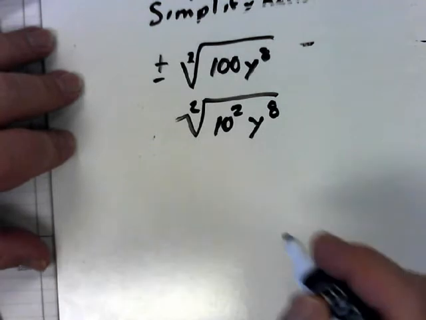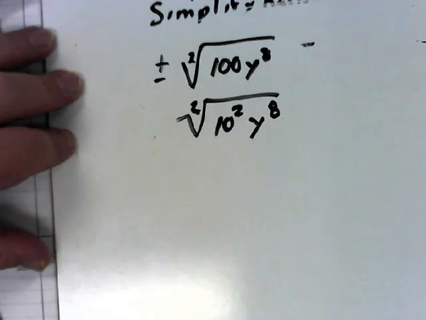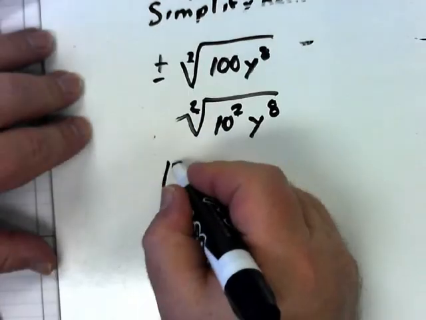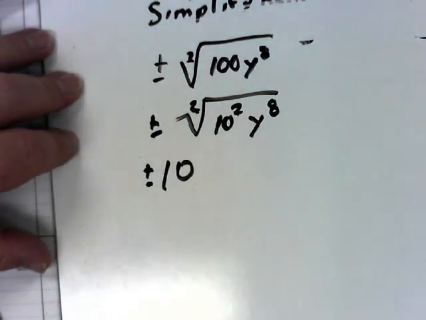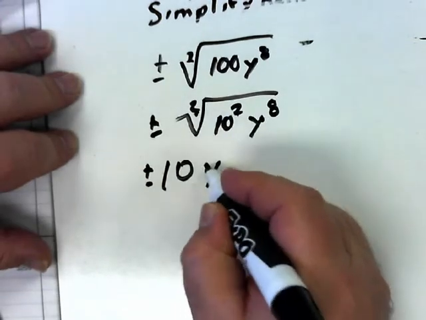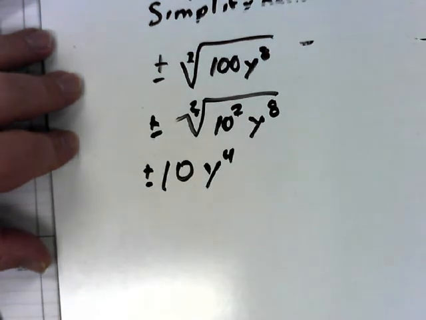So now can I take 2 into this 2? I get a 10. Can I take 2 into this y to the 8? So 2 goes into the 8. 4? Right? Okay.